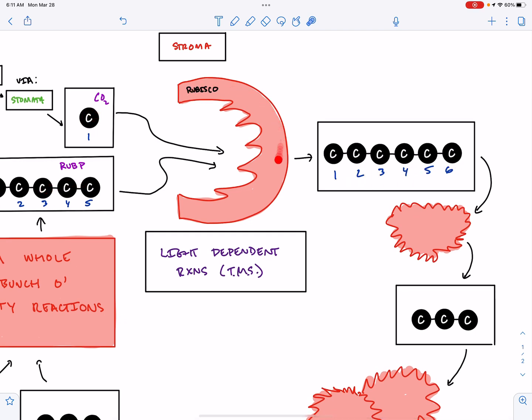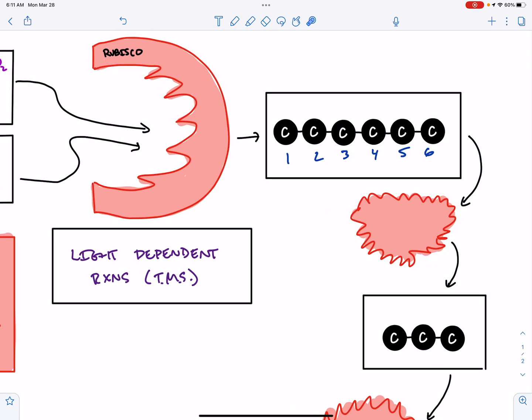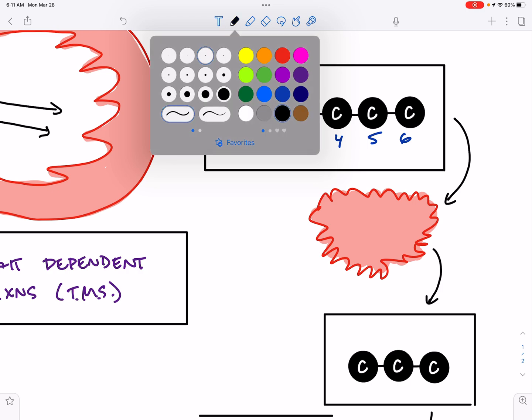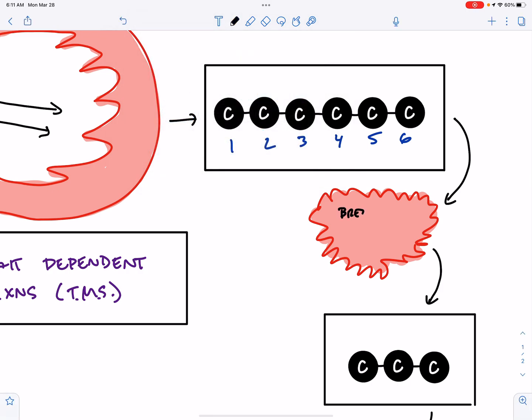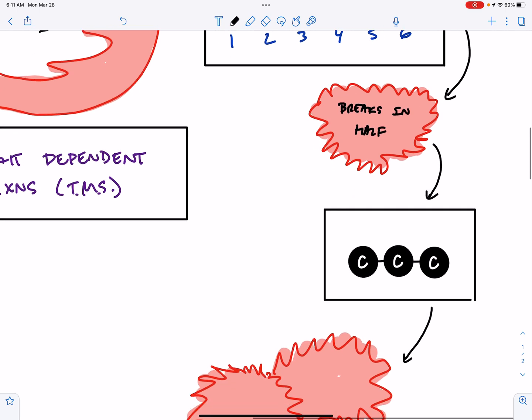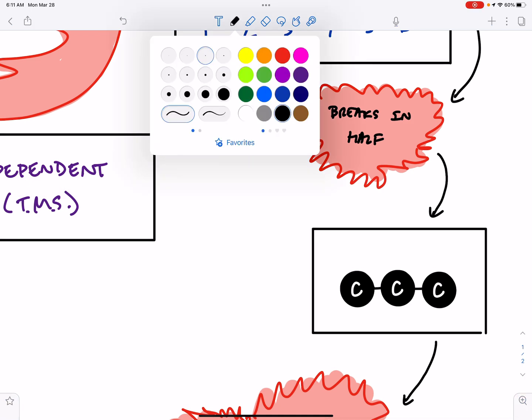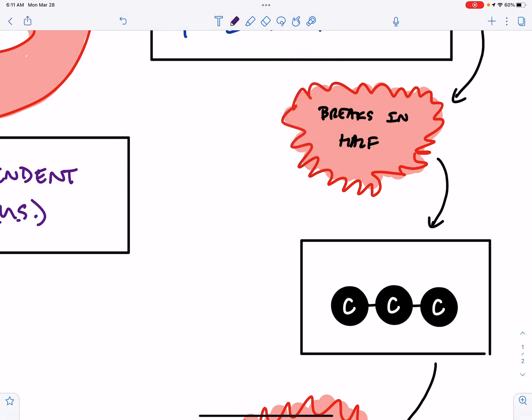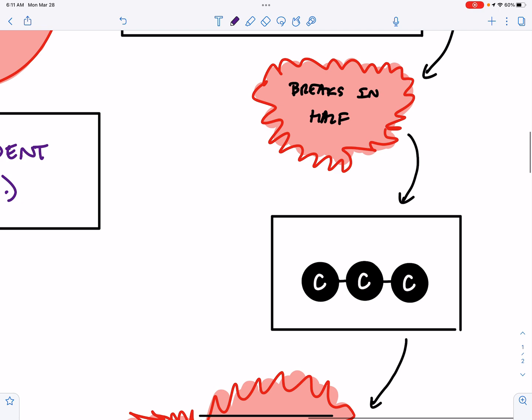Rubisco catalyzes this reaction, and this 6-carbon compound is actually really unstable, so it spontaneously breaks in half. Now we are left with 3-carbon compounds, or 2 3-carbon compounds. Well, we'll get into the numbers later. Just think of it as one. It's a 3-carbon compound called PGA.